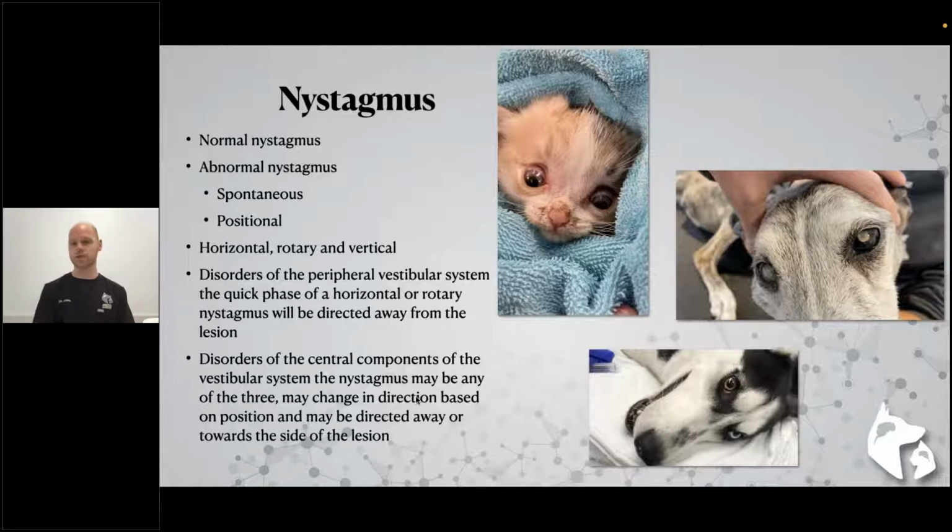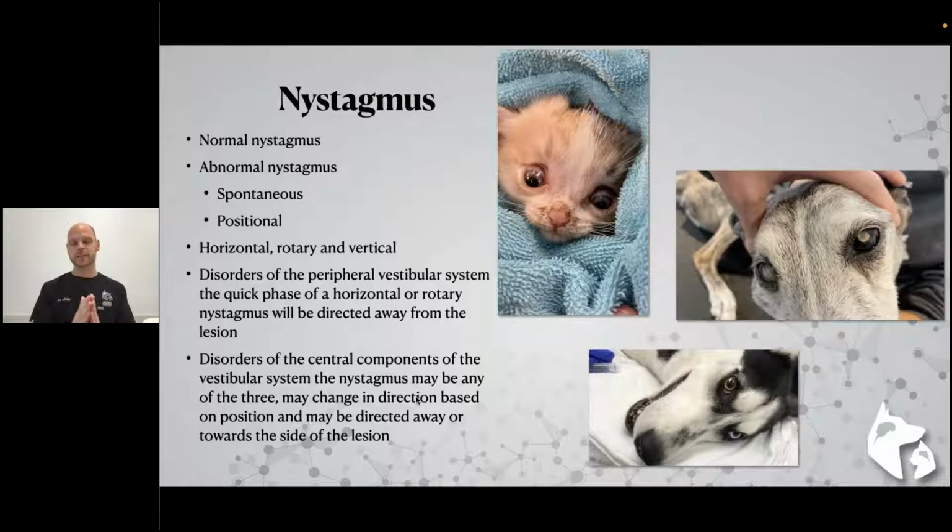There are three different types of nystagmus. Okay, so you have horizontal, and these are jerk nystagmus, I should specify. Horizontal is the twitching back and forth, right? Kind of the most classic and the one that most of us have probably seen. You then have rotary, where the eye is twitching back and forth.